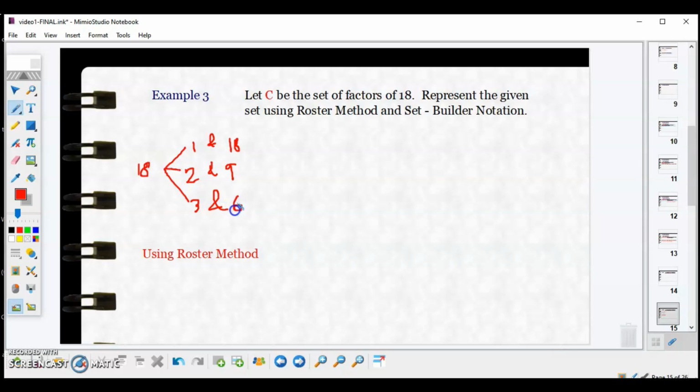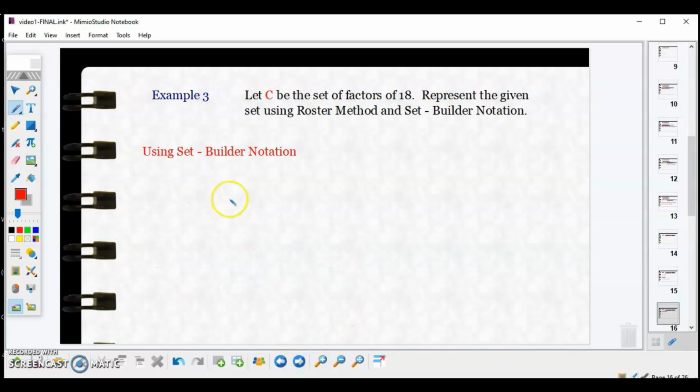So we only have 3 pairs. Okay, so we use the roster method. In the roster method, we list down the elements. Since we're dealing with numbers, we follow the increasing order. So 1, 2, 3, 6, 9, and 18. And there you have it.